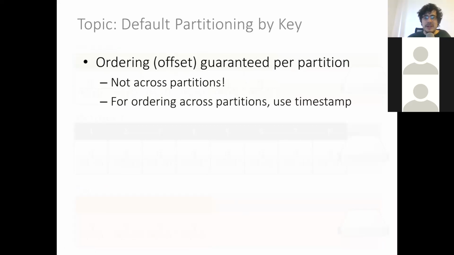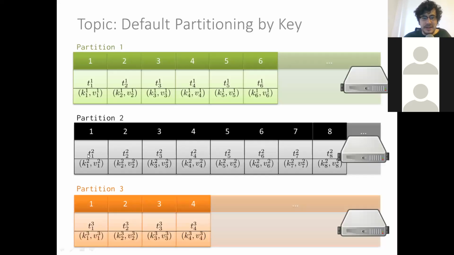However, for ordering across partitions, we can use the timestamp. The timestamp essentially is this number here, which is the real time, the Unix time. Now, that might not be as reliable in the sense that we might have messages that arrived at the same time, and there's no notion of a global clock. So maybe there's some 5 nanosecond difference between the clocks on 2 different machines that will produce this discrepancy.